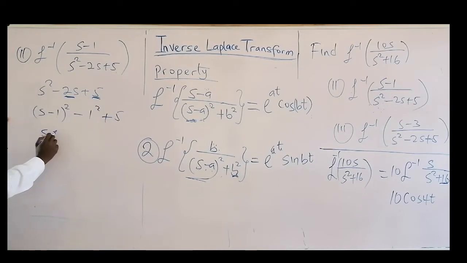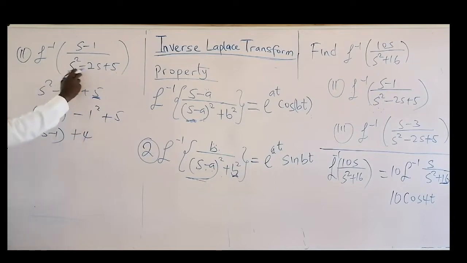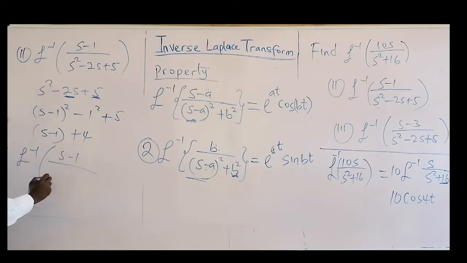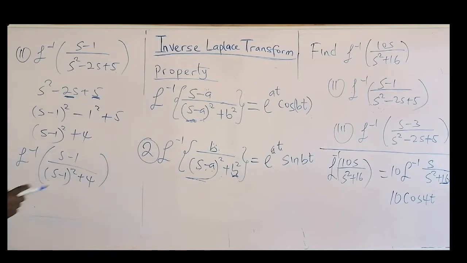And that will be equal to x minus 1 squared, minus 1 plus 5, that's plus 4. So we now have inverse of x minus 1 all over x minus 1 squared plus 4.